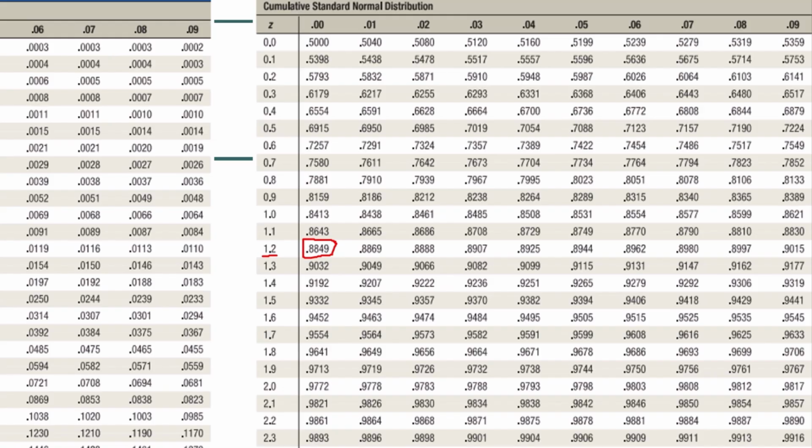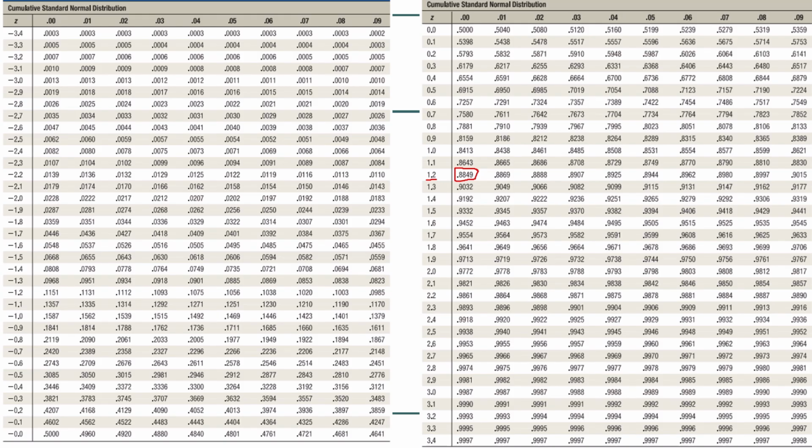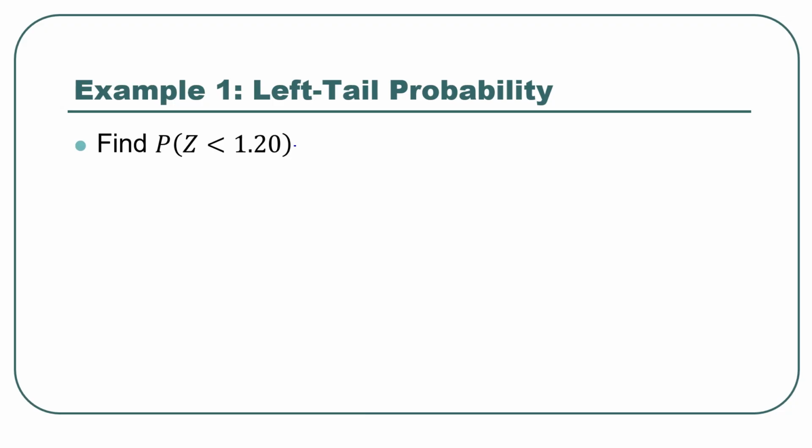So this is the probability of all the z's less than 1.20. As we read from our table, the answer for that probability is 0.8849.